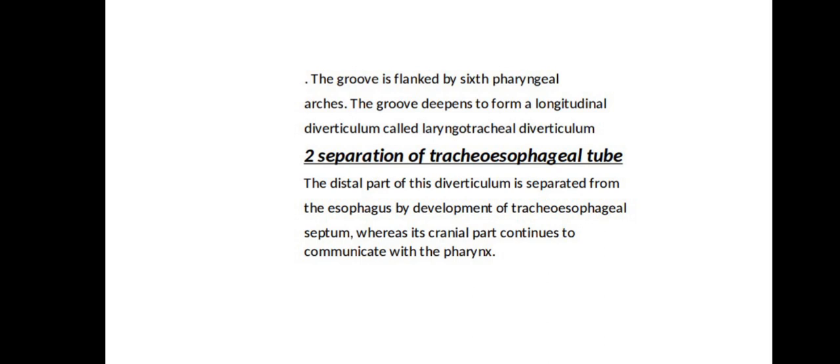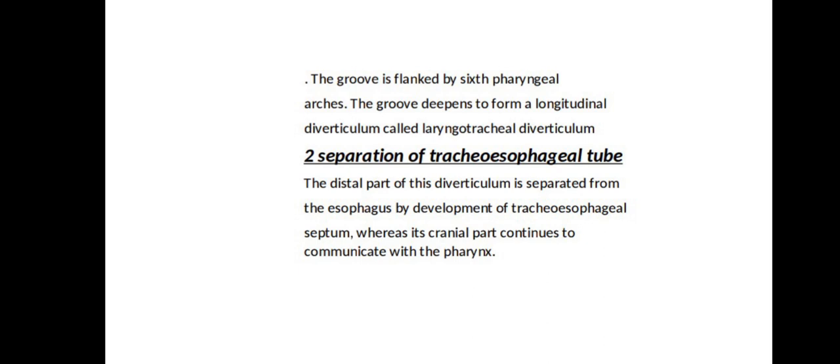Now we ask ourselves, how is this tracheoesophageal septum formed? This tracheoesophageal septum is formed by growth of the laryngotracheal folds or laryngotracheal grooves from either side of the lumen and fuses in the midline, forming the tracheoesophageal septum.